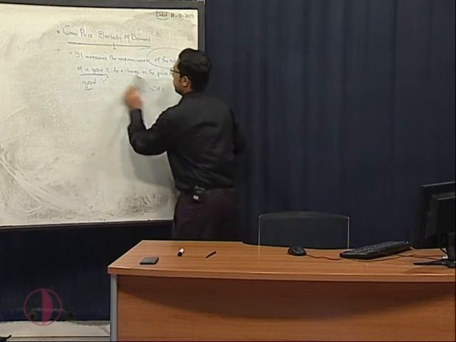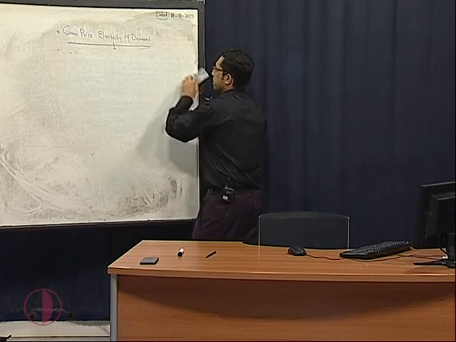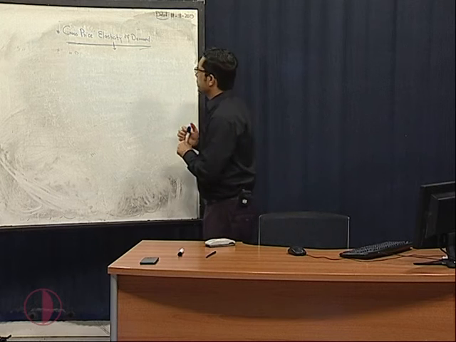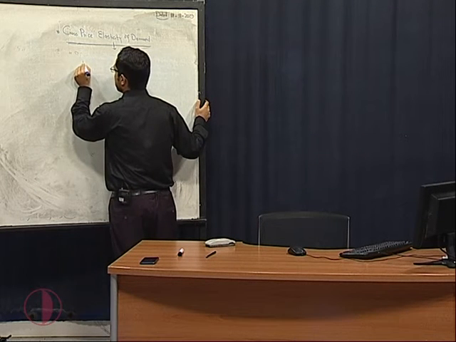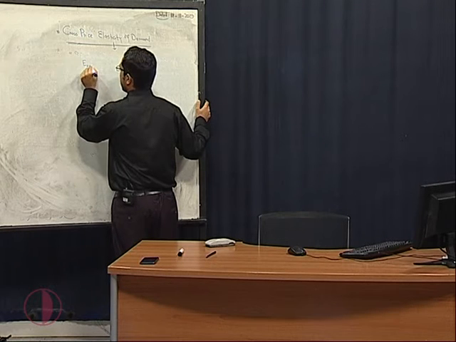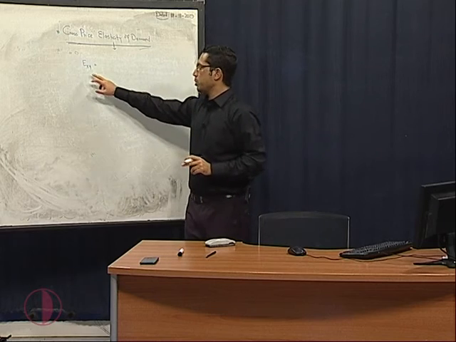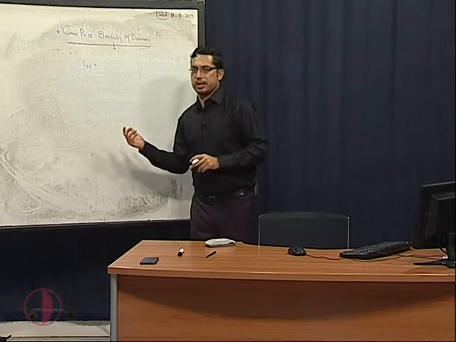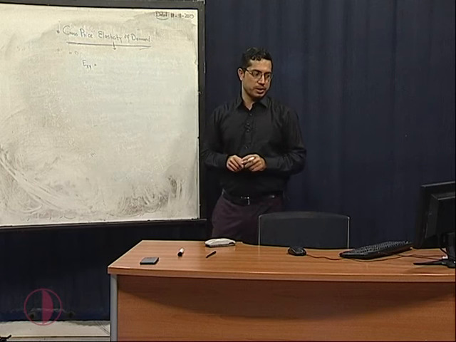So the formula which we use to measure the cross price elasticity of demand is E_XY. X is the first commodity, Y is the second commodity, so XY means we have two commodities.